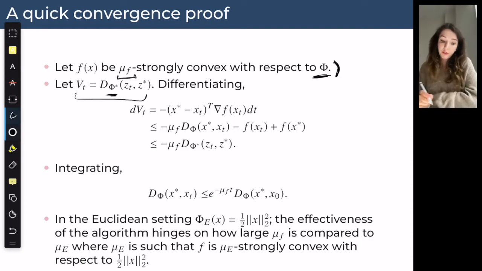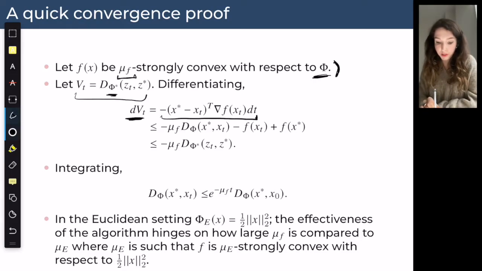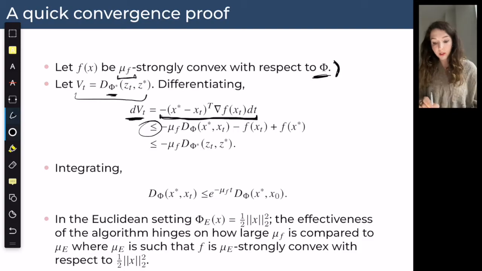If we then differentiate this Lyapunov function v, what we get is this term over here. We get this by differentiating and filling in our dynamics for zt. Then, using the strong convexity assumption, we obtain this second inequality.